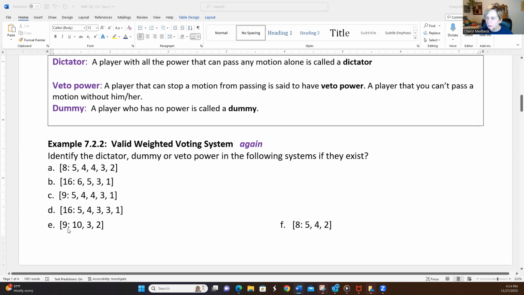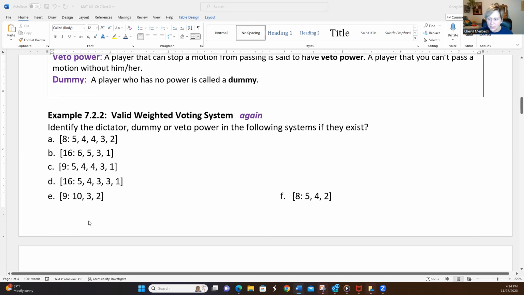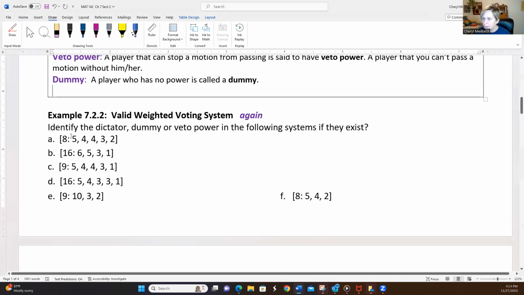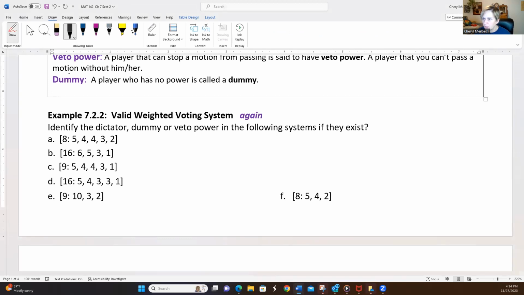So let's go back to our examples from above and see if we can identify a dictator, a dummy, or someone with veto power in the following systems. Now, we don't need to look at system 1 or system 2 because these are the ones we had from above, and we identified these as being invalid systems.